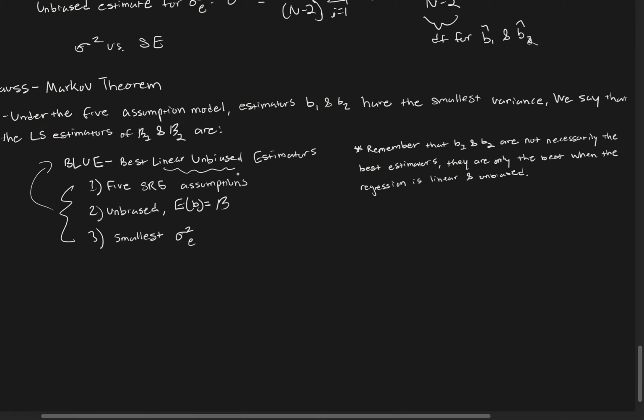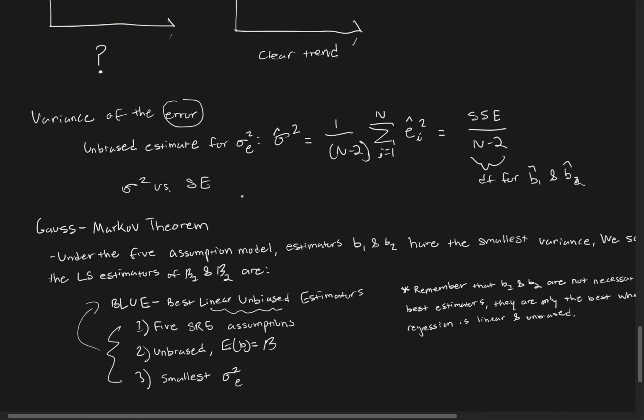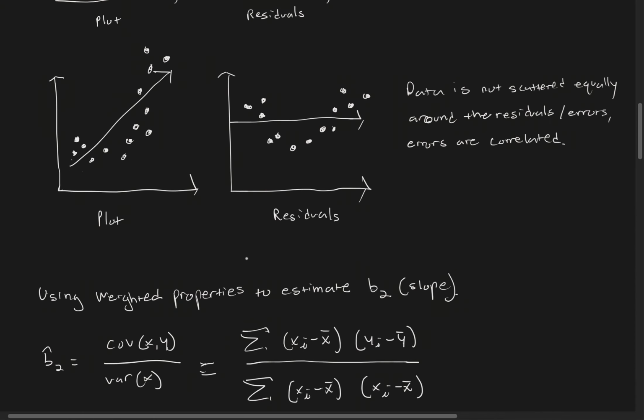Nevertheless, just because we say that our estimates are BLUE, it does not necessarily mean that our estimates are the best possible form they can be, only that they are best if linear and unbiased, and under these 5 assumptions. All right, that is going to be it. Again, in the next video, I'll go over the different functional forms where x and y do not have a linear relationship.